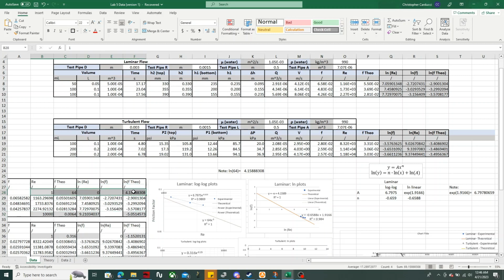I only added those because I wanted my theoretical trend line to be continuous and go off the graph, so I can play with the max and min values and not have to worry about seeing the entire trend line. You can see here I have my experimental f, my Reynolds number, my theoretical f, and then the natural log of Reynolds number, natural log of experimental f, and natural log of theoretical f.